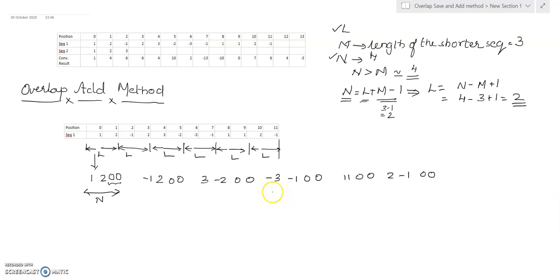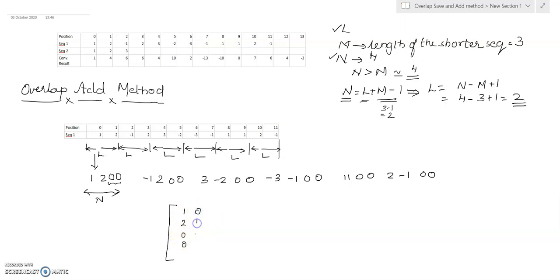What I need to do now is perform the circular convolution of this sequence with the one that I have in the form of sequence 2. So let me put it before you. I'm going to perform the circular convolution of this sequence 1, 2, 0, 0 with 1, 2, 3, 0, which means I have to complete this matrix.